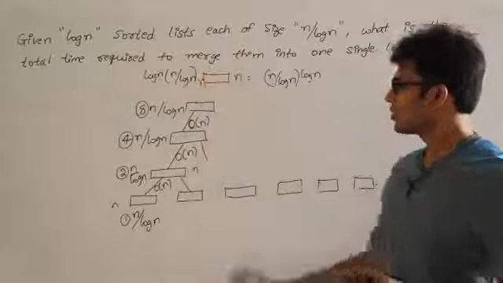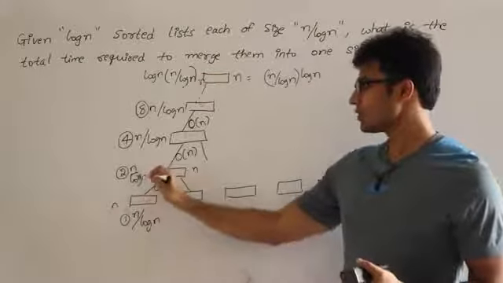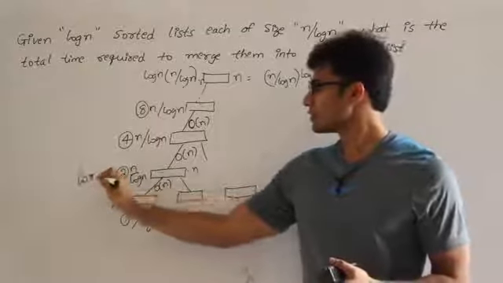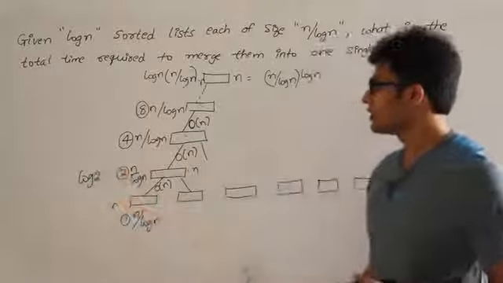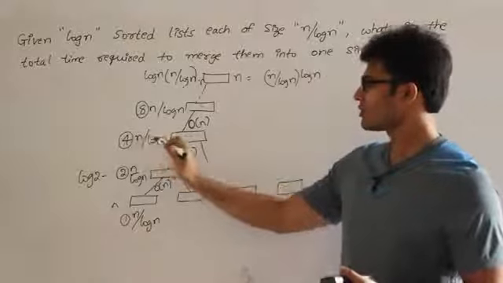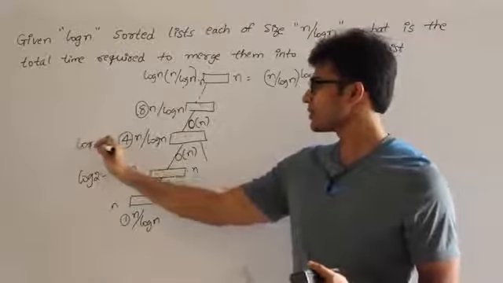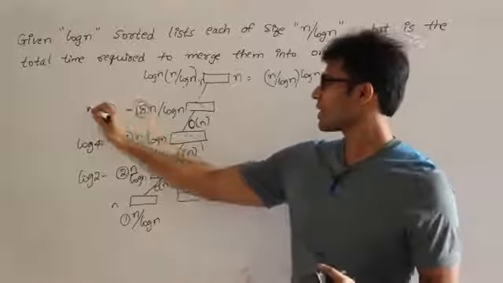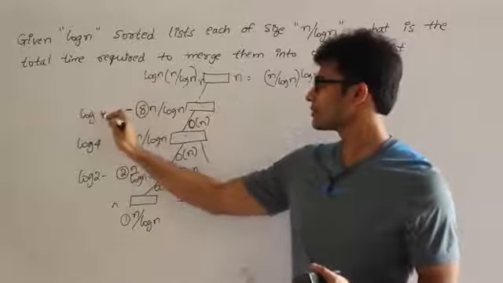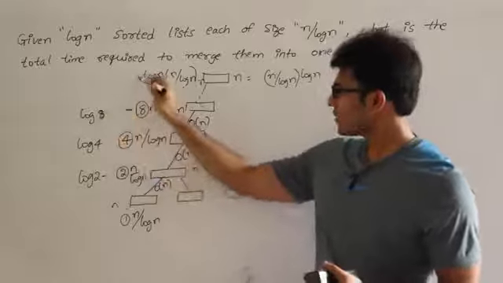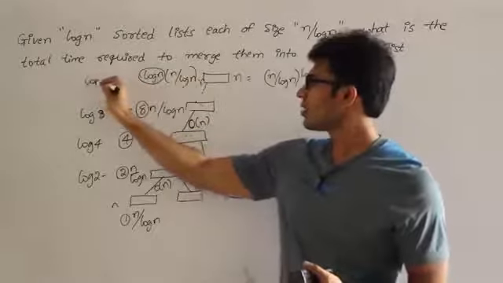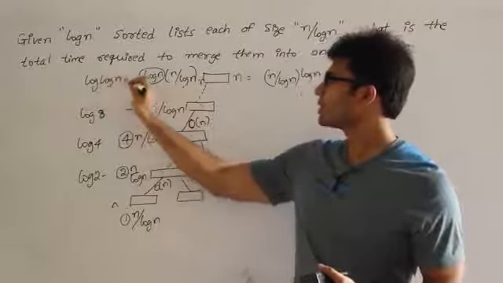In order to reach the size 2 into n by log n, I have to do one climbing, which means log 2 climbings. To reach the size 4 into n by log n, I have to do 2 climbings, which means log 4. To reach this size, I have to do 3 climbings, which means log 8. Therefore, in order to reach the final size, I have to do log n climbings.